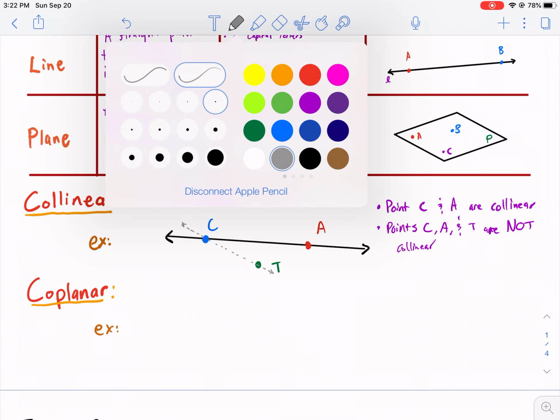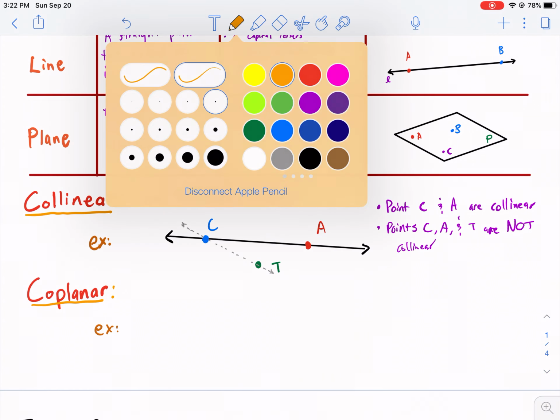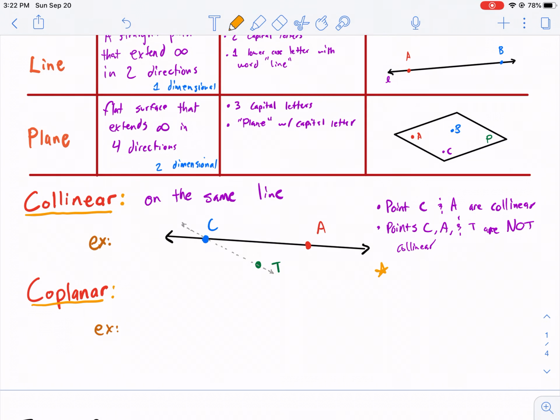So one thing we have to keep in mind, I'm going to put a star because it is pretty important. Let me change the color though. I don't like that. How about this? Any 2 points are collinear. So even though it doesn't look like T is collinear with A or C, it is. But with C and A, it's not. All 3 are not collinear because they'd have to be in the same line. But any 2 points are collinear because you can always draw a line through 2 points.